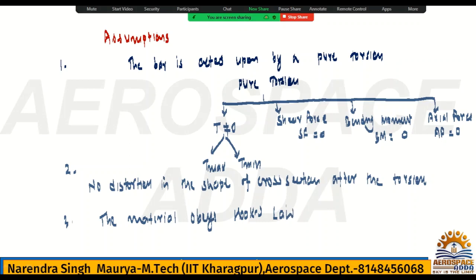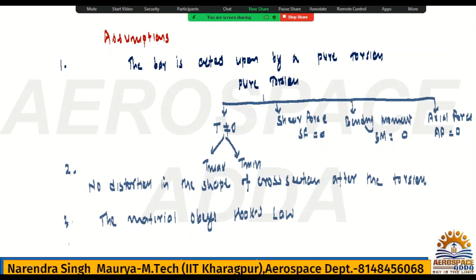Cross section rotates as if rigid, and that is, every diameter rotates through the same angle. That's called no distortion. It doesn't mean that at one end the deformation is more or it is rotated more, and at another point it is rotated with some different angle. That should not be there. Throughout the diameter it should be the same angle. That's the meaning of it.